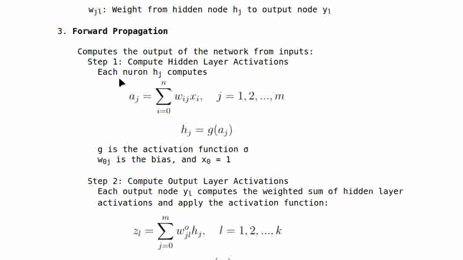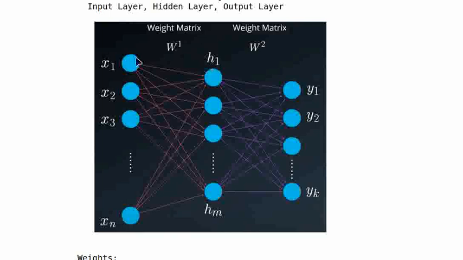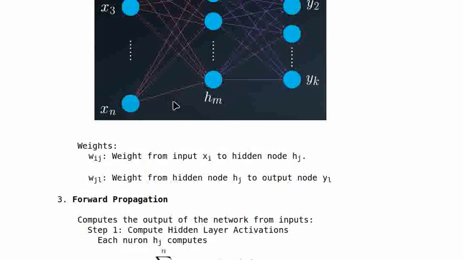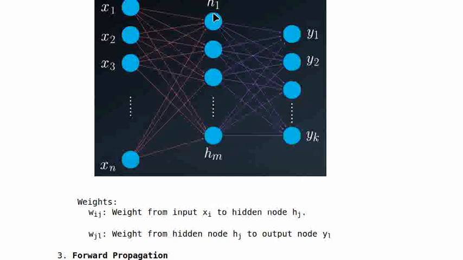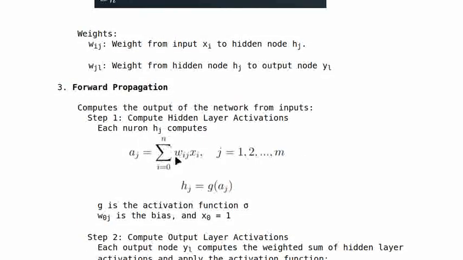So in step 1, we compute hidden layer activations. That means from here to here. First, each neuron computes this aj, according to this formula: sum over i from 0 to n of wij xi, for j equals 1 to m.